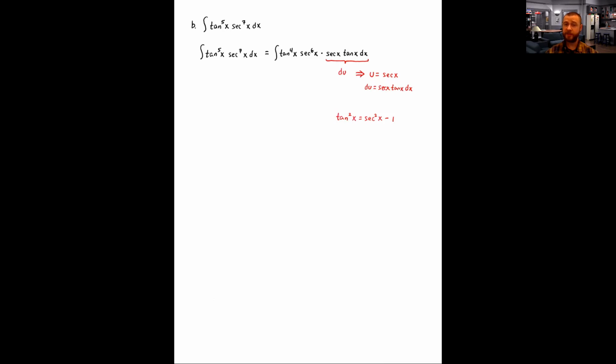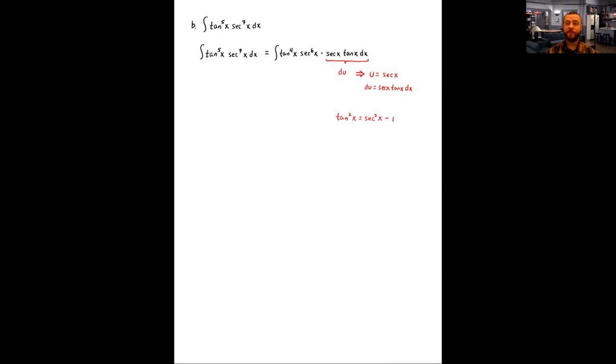All right, now if u is secant, we can easily convert secant to the 6th as u to the 6th with our substitution. We would then have to convert and rewrite tangent to the 4th power, and that's where your Pythagorean identity comes in. Just be careful.